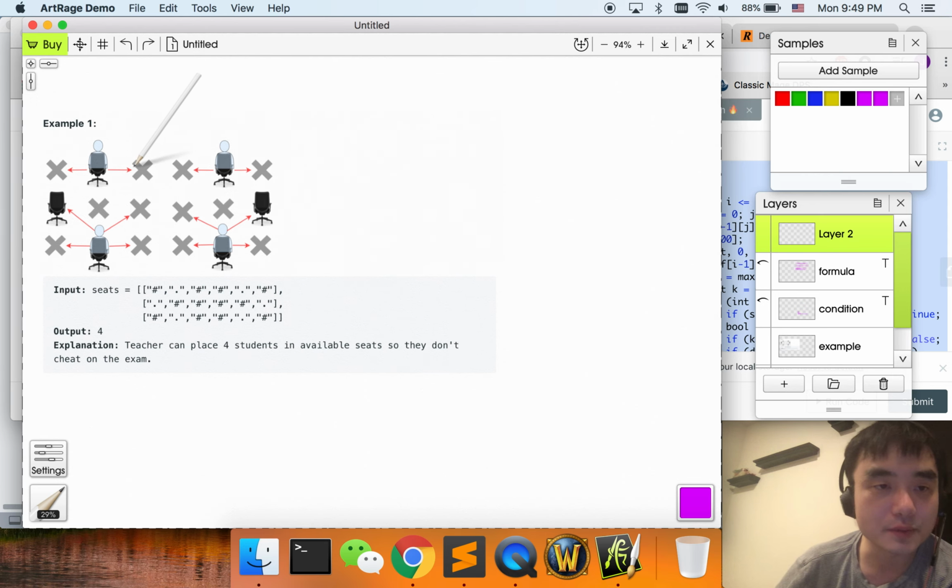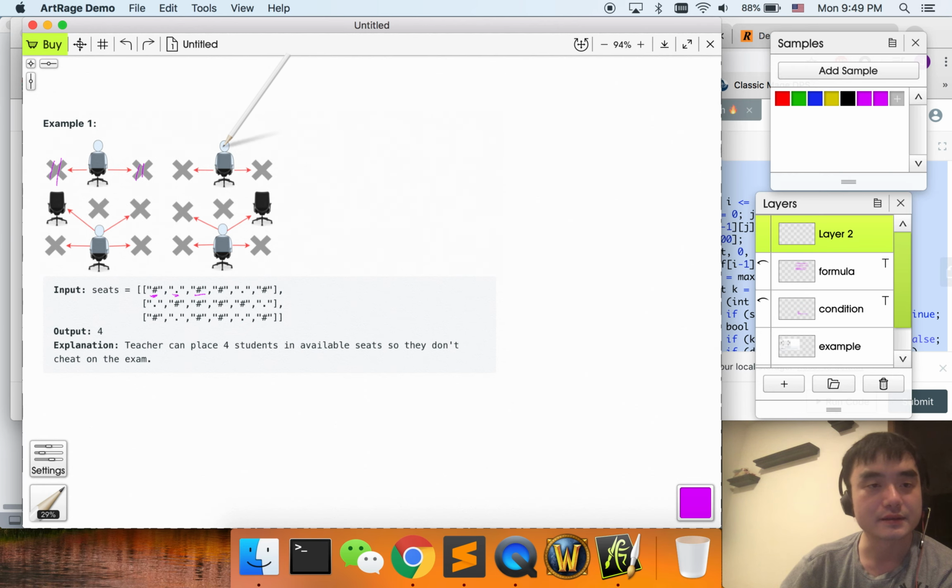So in the input, we are going to have a two-dimensional array, and this array tells us there are some seats, right? And if the character is pound key, it means that the seat cannot be used, right? And if it is a dot, it means a student can sit there, right?